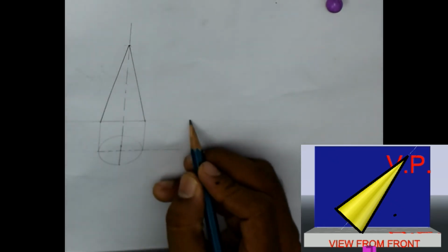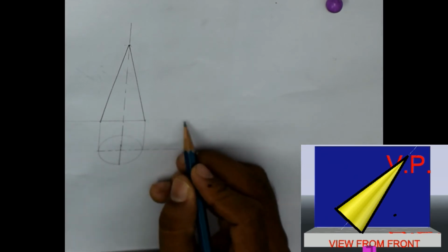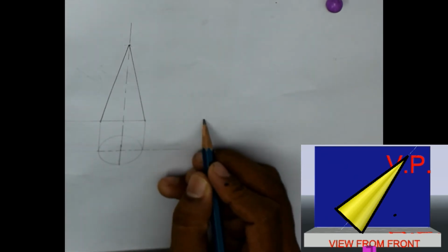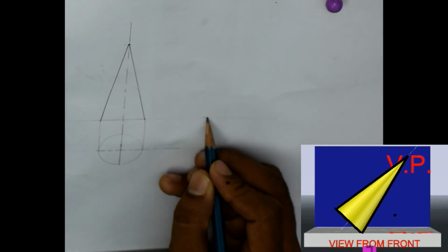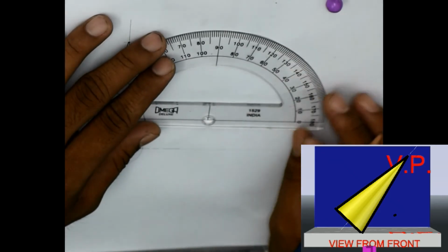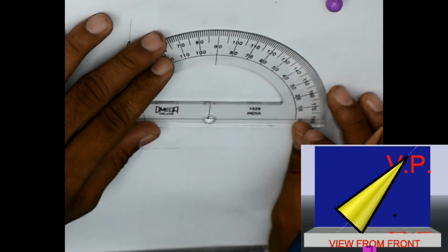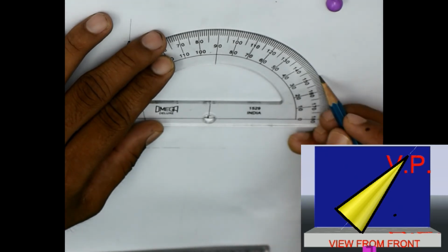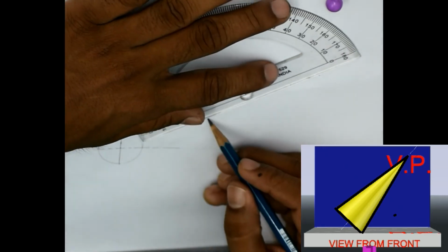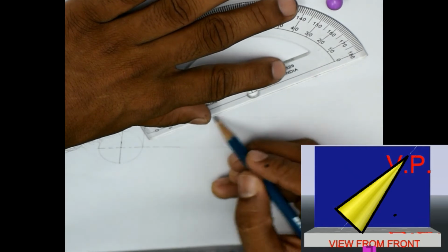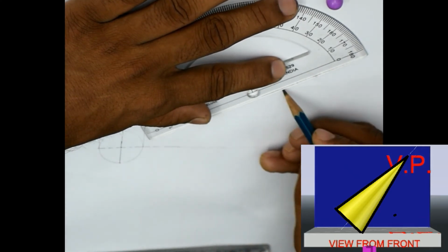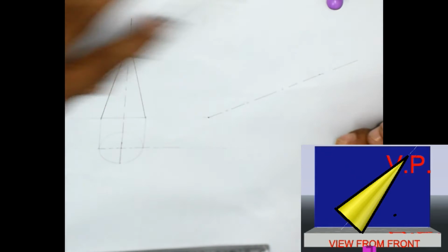So we can take an arbitrary point wherever we want, like I am taking here. And again this can be done with a drafter, but here I am taking the protractor scale. As this is the axis line, I am drawing the axis line first.